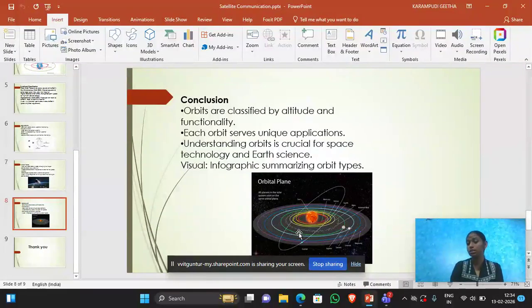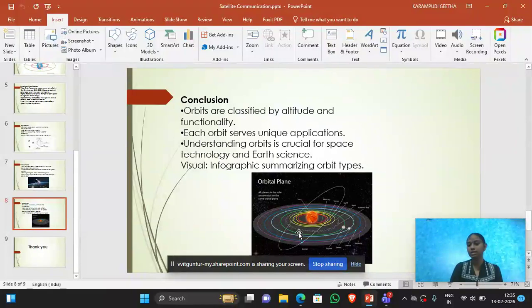Generally, in the solar system, around the Earth there are a number of satellites. If any satellite is damaged, we still have communication from the Earth station to the satellite. When you give commands to the satellite, it takes these commands and works on them.